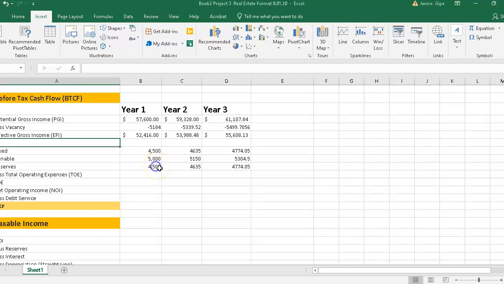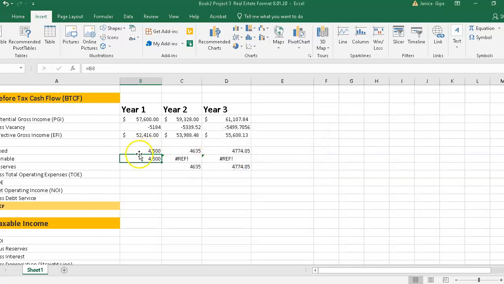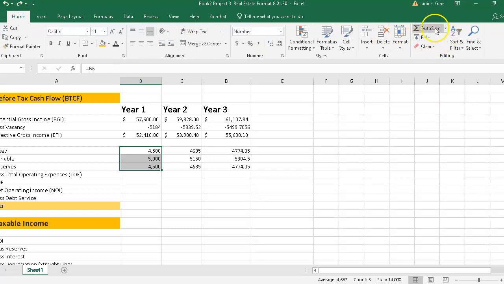So we're going to take these, I'll take all of these and auto sum. So the total is $14,000.